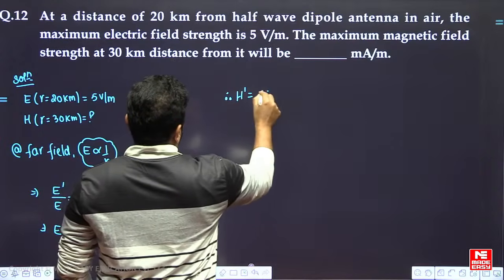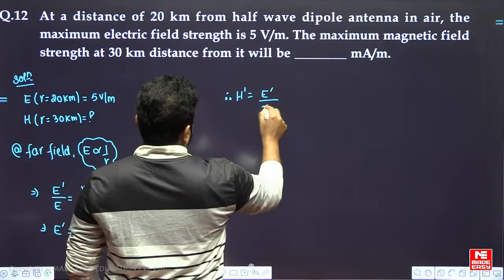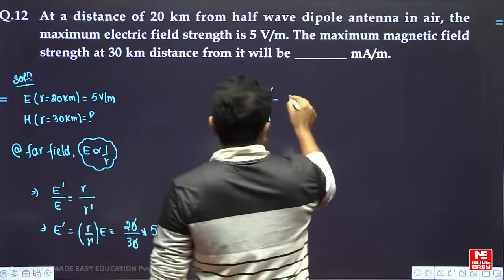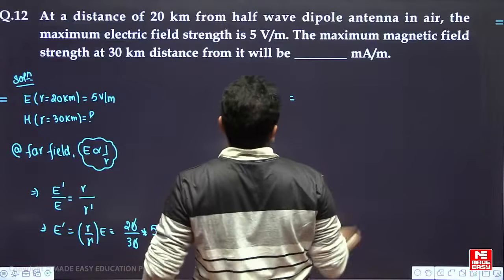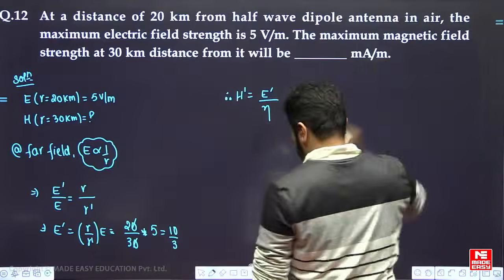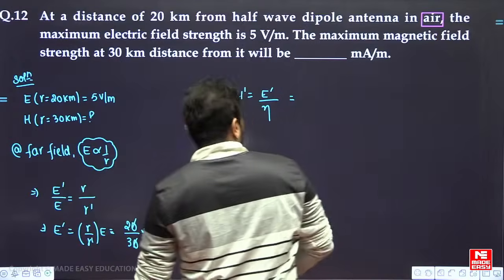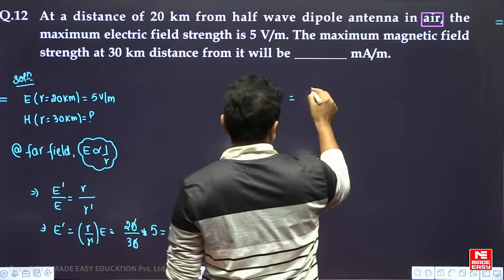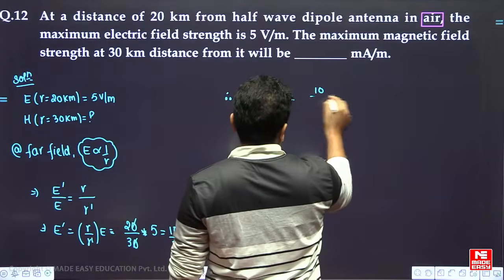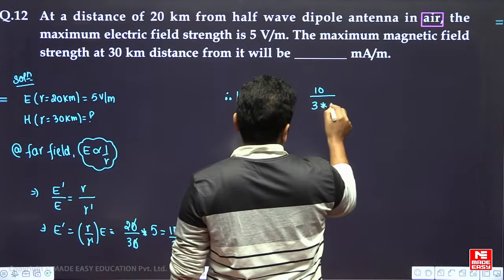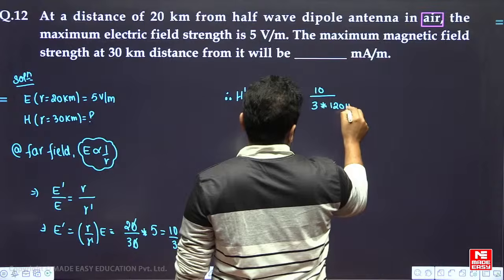So therefore what will be your H dash? H dash will become E dash upon eta, right. Now it is in free space, it is clearly mentioned it is in the air, right. So I can say that this is 10 by 3 into 120 pi, right?